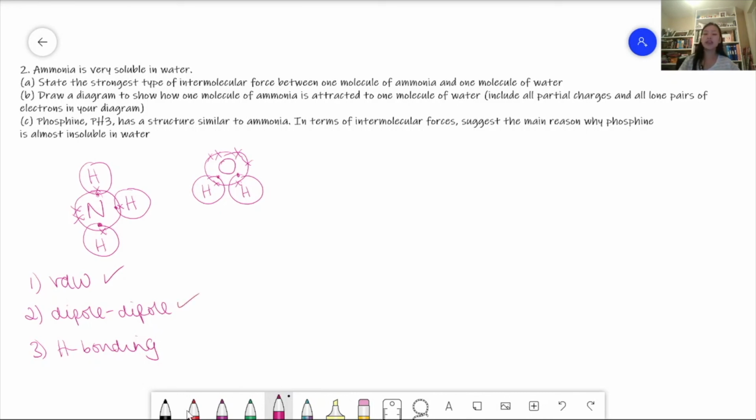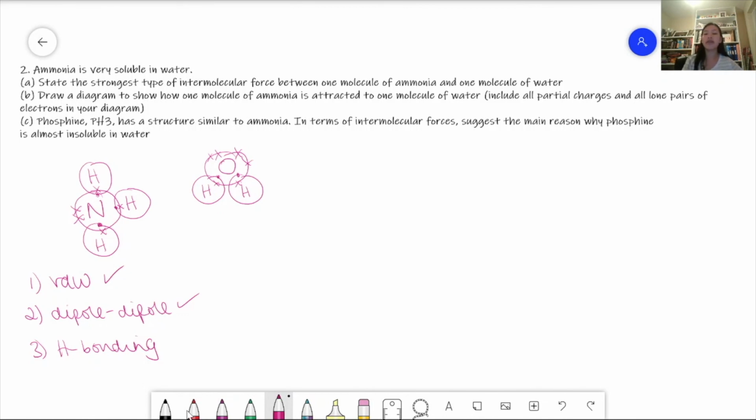But do we have hydrogen bonding? And now we think about hydrogen bonding, and we know that it occurs when hydrogen bonds with a very, very electronegative atom. So basically, it's a very special case of permanent dipole-dipole attraction. And it only forms between hydrogen and fluorine, hydrogen and oxygen, or hydrogen and nitrogen.